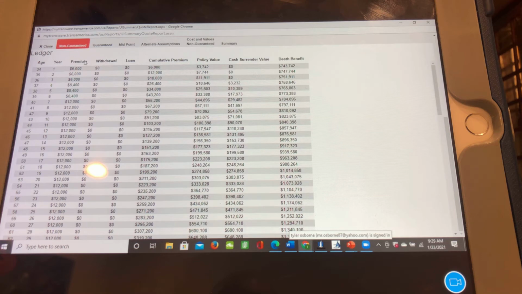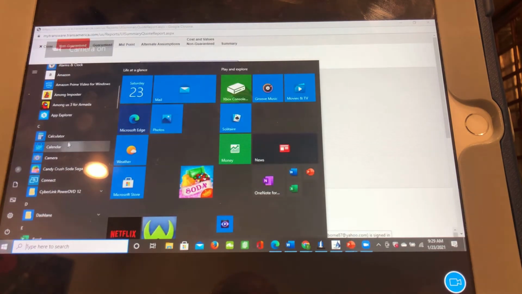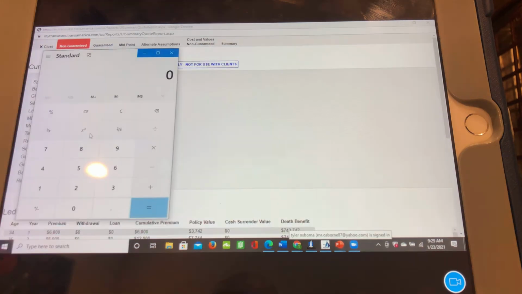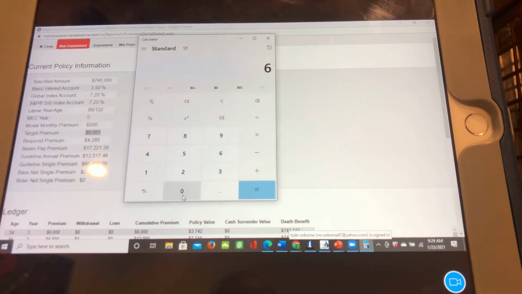All right, so let's go back. Let's talk about this real quick. The target premium is how you base your commission. So you go to the calculator, and our target premium was 6001. Can you guys all see my calculator? Yes, sir. With Transamerica, they paid 125%.